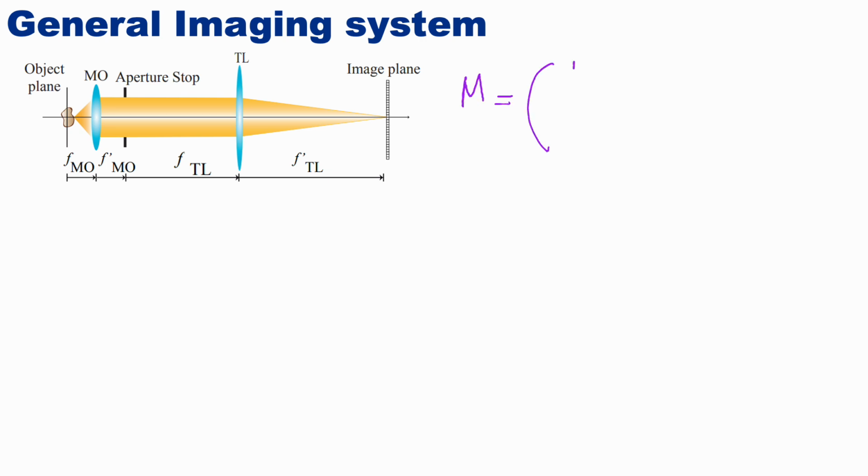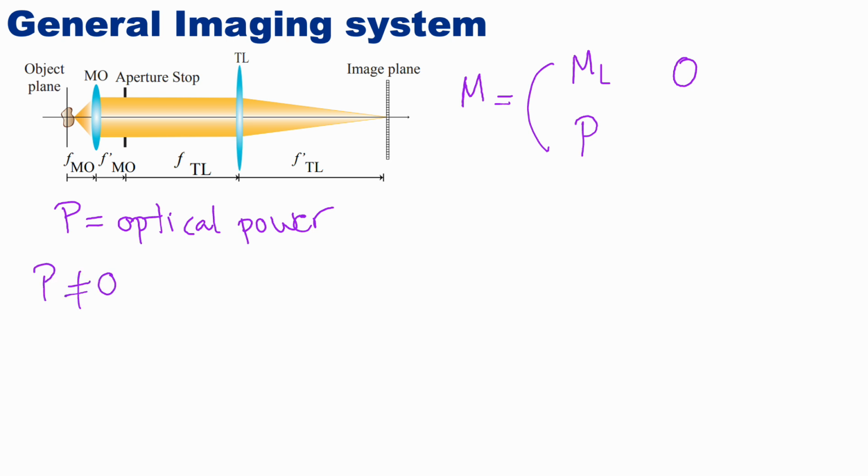Nonetheless, in general, for systems that are imaging systems, we're going to define a transfer function where A is the lateral magnification. It's an imaging system, so B needs to be equal to 0. C is going to be P, which is the optical power. In general, for this system, P is different than 0 if the distance between the tube lens and the microscope objective lens is different than the sum of their focal lengths.